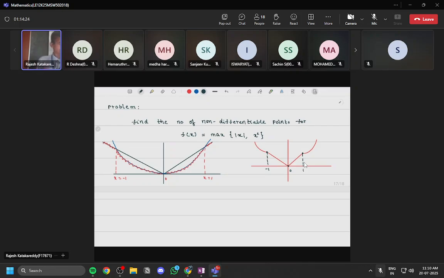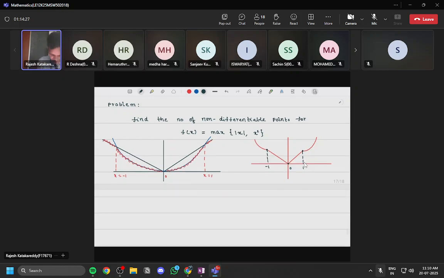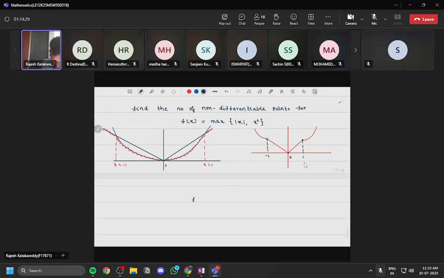Let's say you don't want graph. You want to write in function wise only. I can write that f of x will be equals to piecewise function I'm writing. It is x square when x is less than -1 because that is maximum.